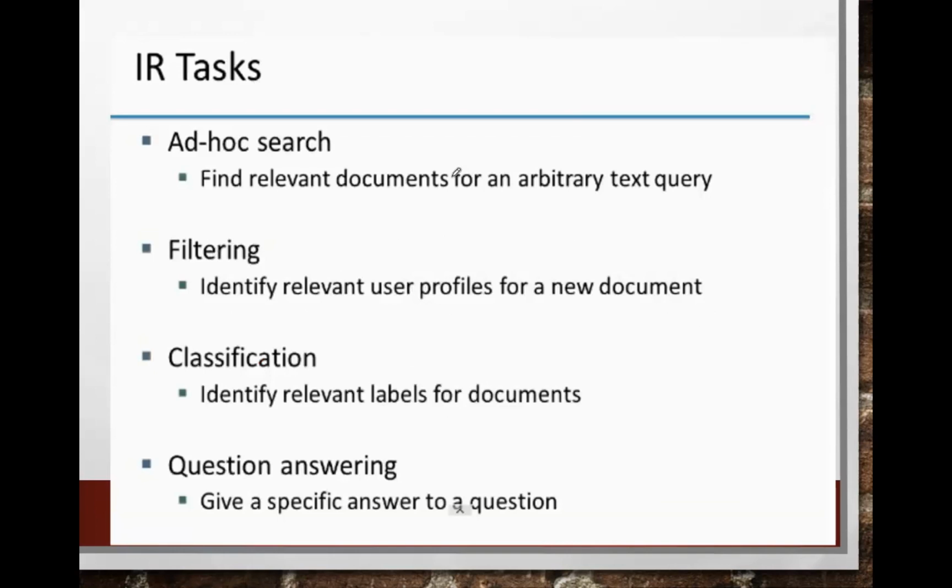These are some IR tasks. First one is ad hoc search, or the ad hoc retrieval problem, which is considered a classical problem in information retrieval systems. In ad hoc retrieval, the user first needs to enter a query in natural language, and that query describes the required information.